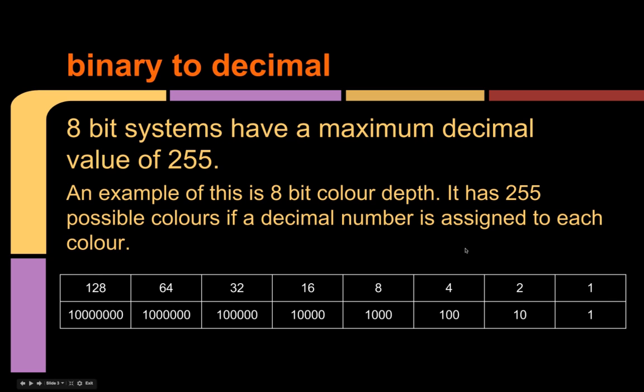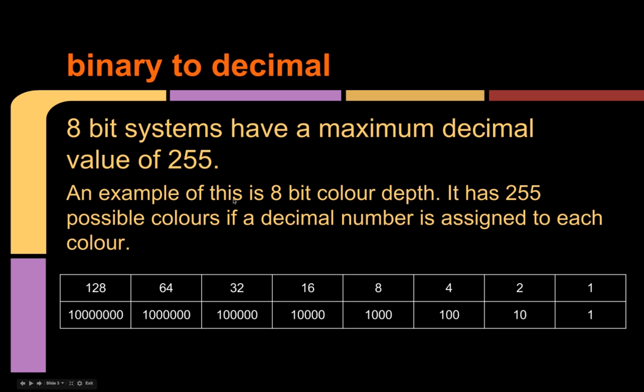So we have this idea of 8 bits in this case, and you'll notice that the amount of digits under 128 equals 8. The maximum number that we can create out of this is 255. If I had all ones, I'd have 255.